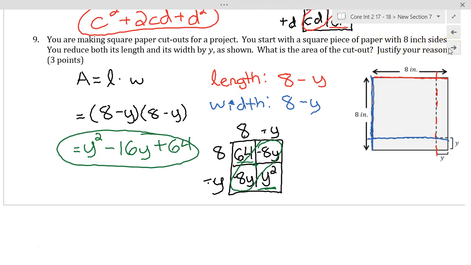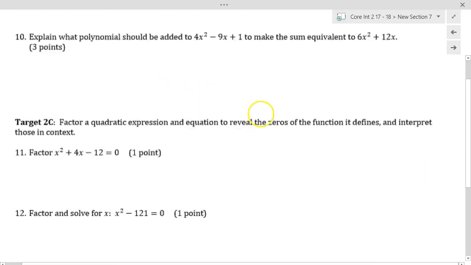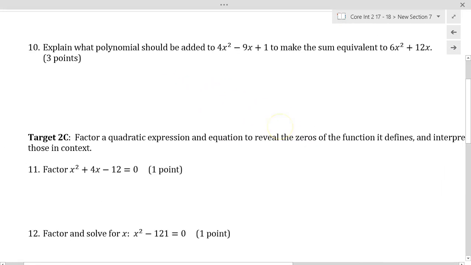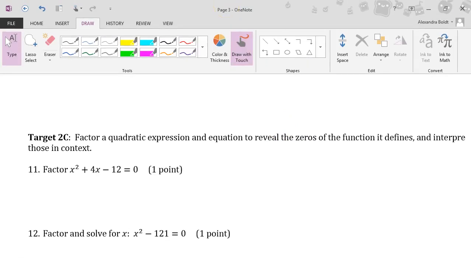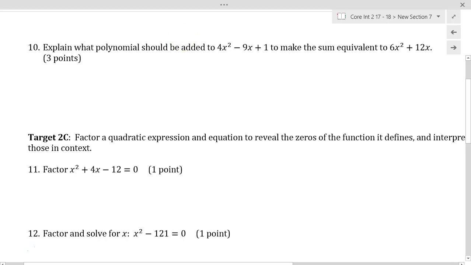All right. Let's go ahead and look at the next page. Let's look at the last problem for B. Explain what polynomial should be added to 4x squared minus 9x plus 1 to make the sum equivalent to 6x squared plus 12x. Okay, so remember, this is my first.